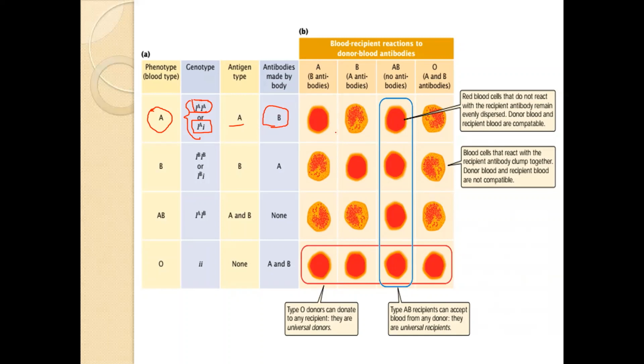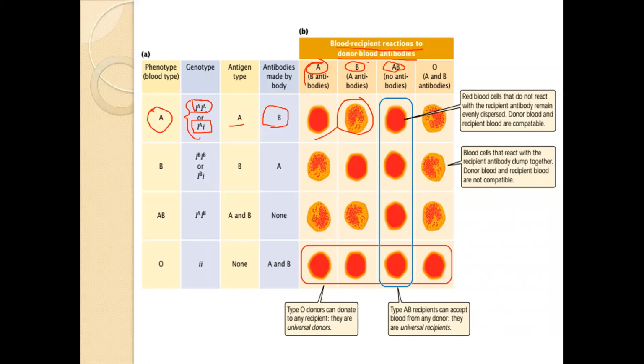So in the case of the blood group, this is the blood recipient's reaction to the donor blood antibodies. In the case of type A, if we give B blood, it will get clotted; if we give A blood, it will not get clotted. In the case of AB, if we transfuse the patient with A blood, it will not get clotted.